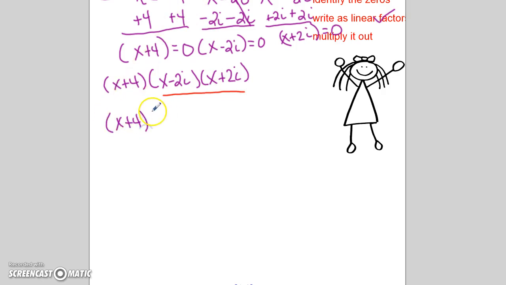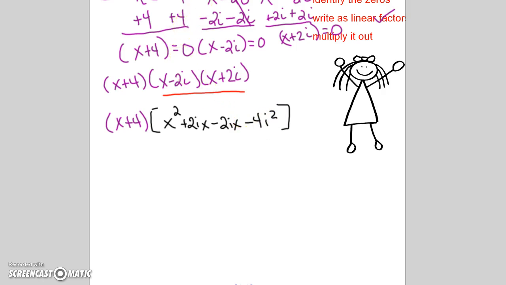I'll just write down x plus 4 so I don't forget it, and create a big set of brackets. x times x gives me x squared. x times 2i gives me plus 2ix. I have minus 2i times x, which gives me a minus 2ix. And then minus 2i times plus 2i gives me negative 4i squared.